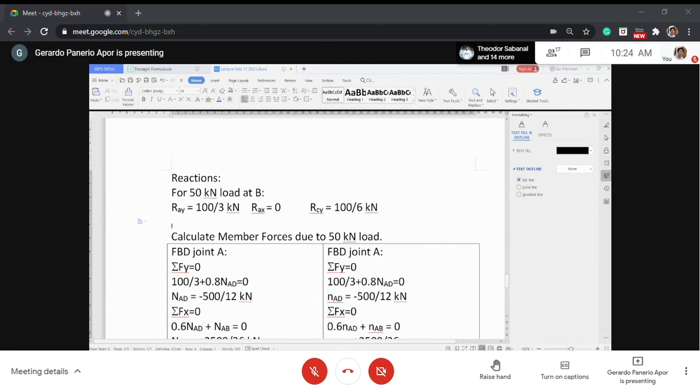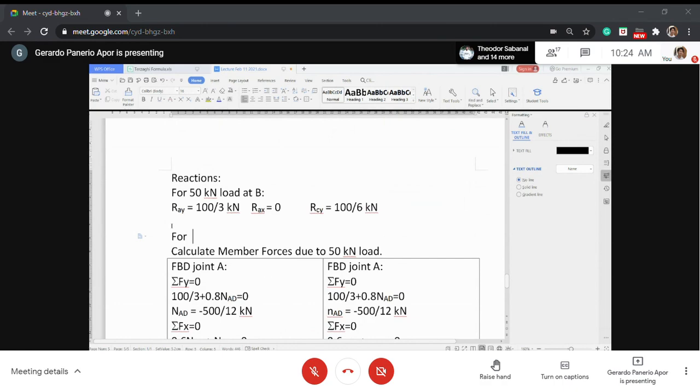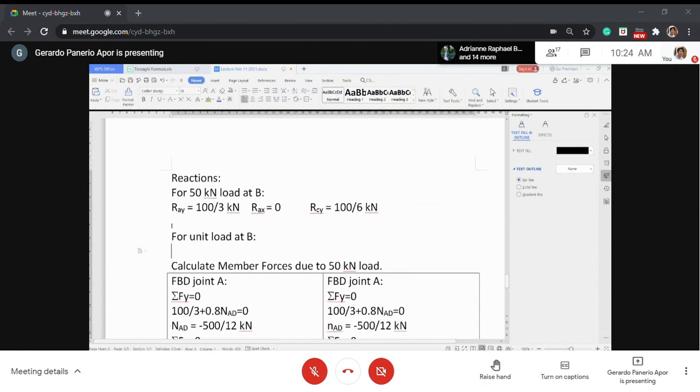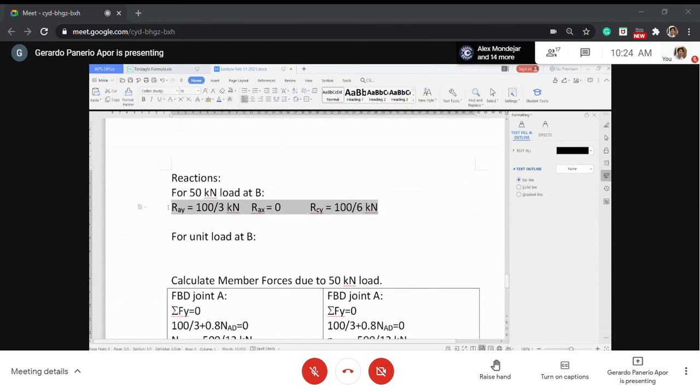Now we're also going to compute for the unit load at B. This will be equal to 1 times 6 divided by 9, which is 2/3.